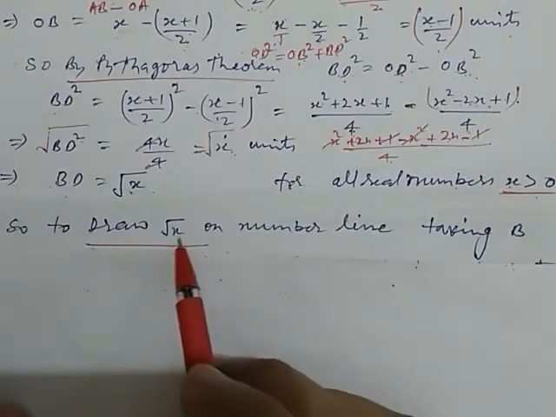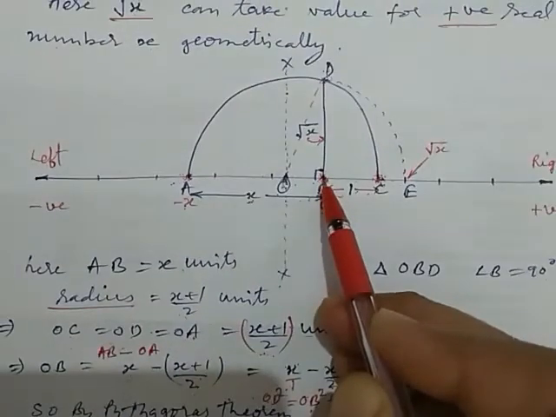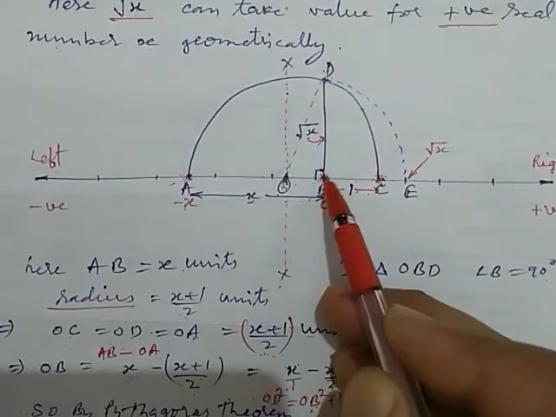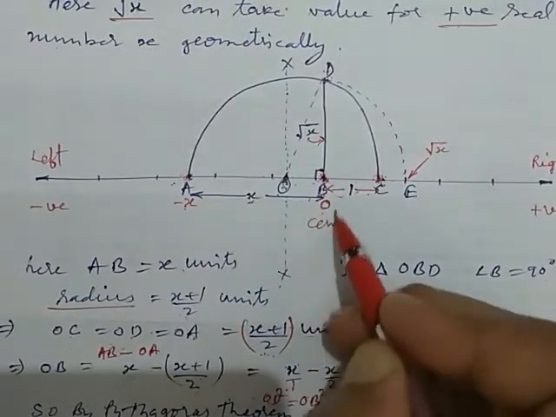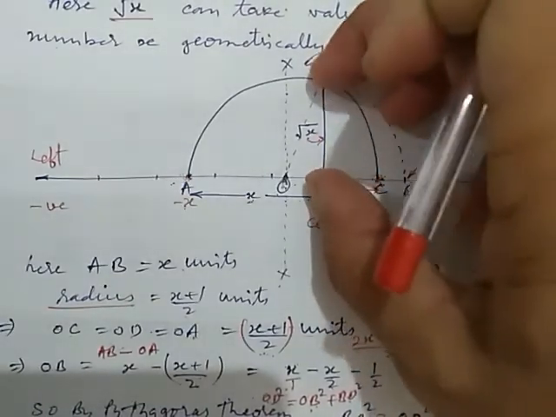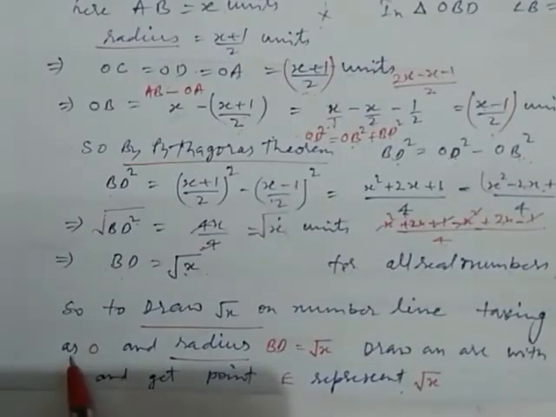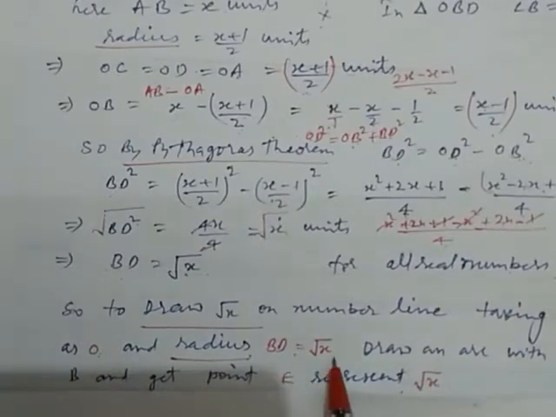So to draw root x on the number line, taking B as center, this is our center, and take BD as radius. Taking B as center, and radius BD equal to root x.